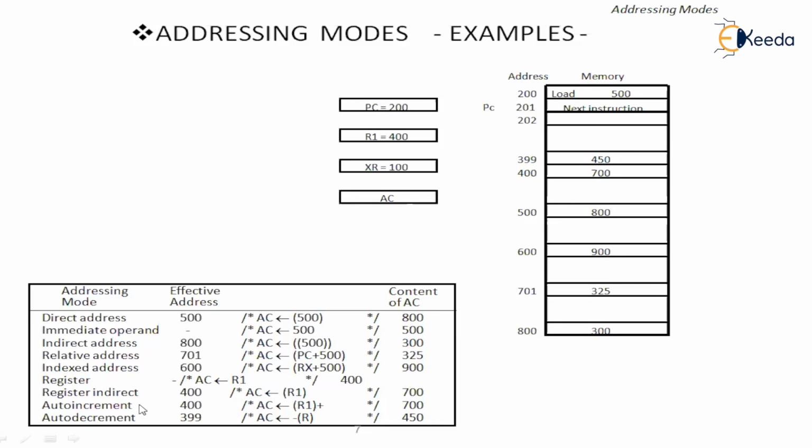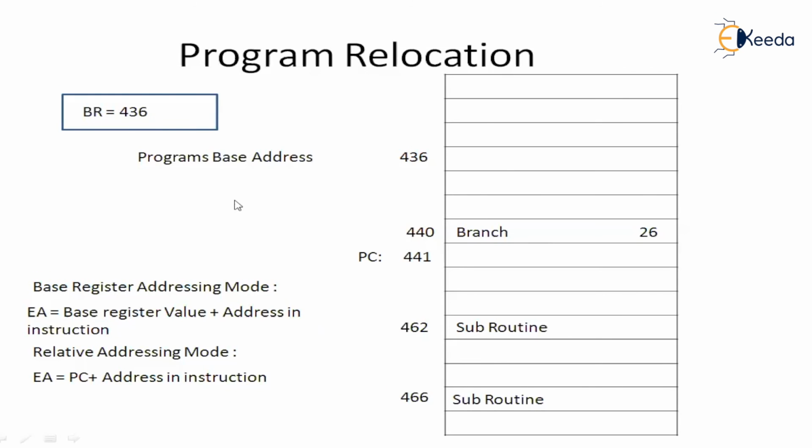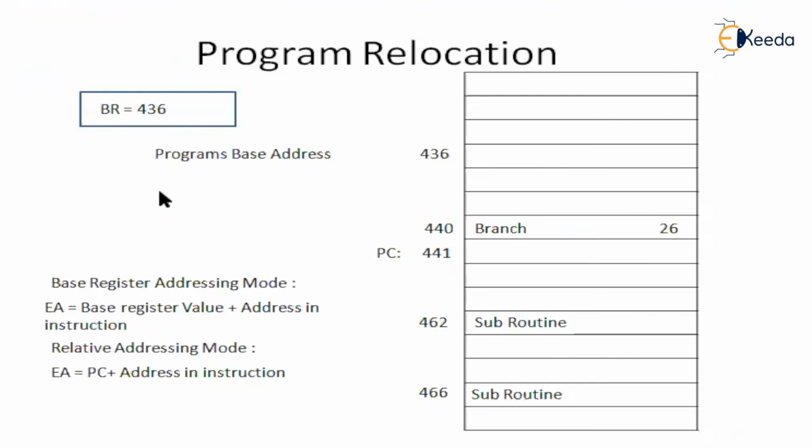Auto increment is pretty much similar to register indirect. The only thing is, after performing the operation, we go back to the register and increment the contents. R1 will be incremented to 401.